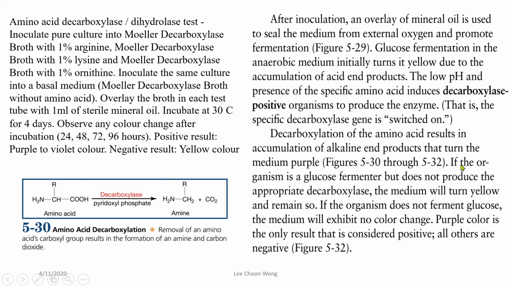Because if the organism is a glucose fermenter but does not produce any decarboxylase, the medium will only turn yellow. But if it has decarboxylase, it will further turn purple.